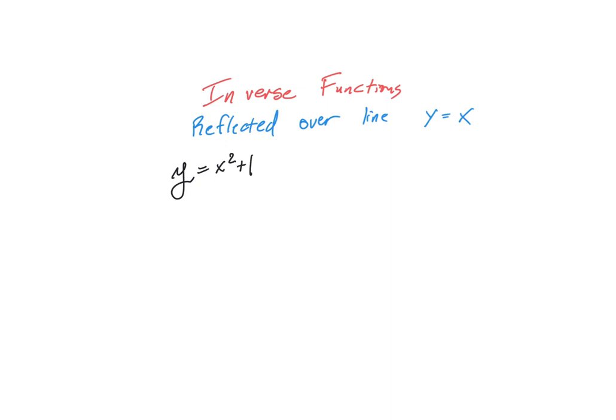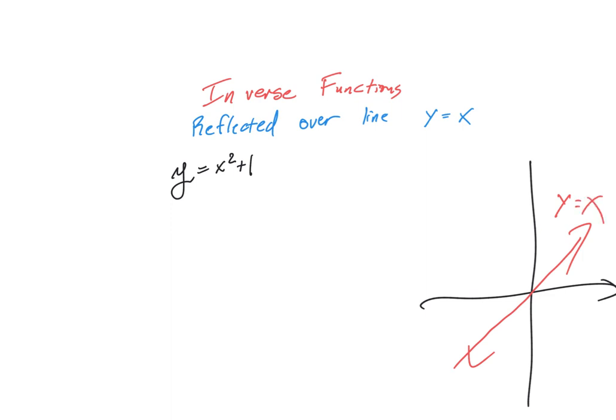So that would be a case where we can't do imaginary. And then inverse functions, you probably looked at them a long time ago in your math career. It's when we take any function and reflect it over the line y equals x. So in a graph, if I have the line y equals x, it goes like this.